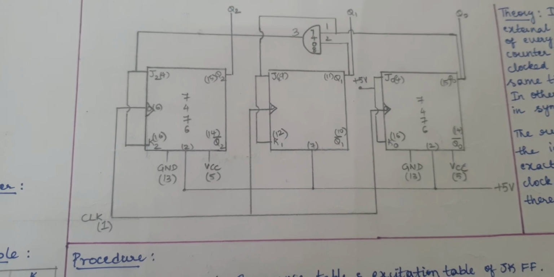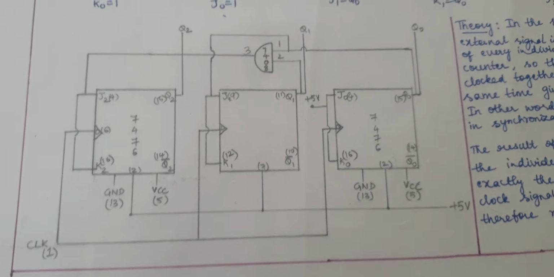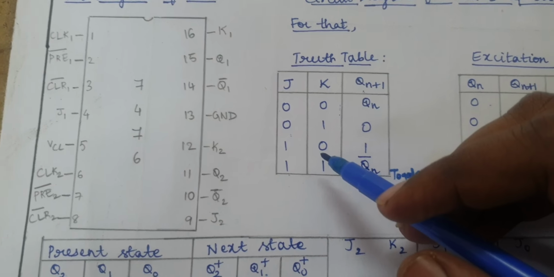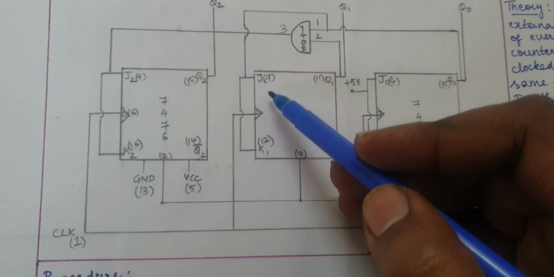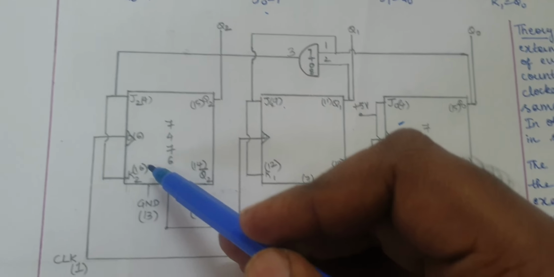After connecting this, we need to write the pin numbers for all these things. As we could see in the pin diagram, first input is 4th and 16th pin. Next is 9th and 12th. Again, we have 4th and 16th pin.